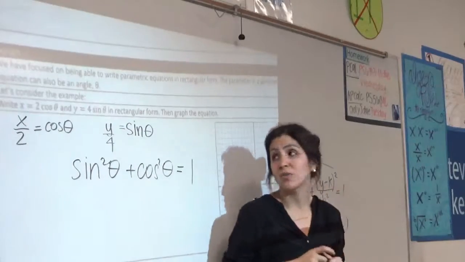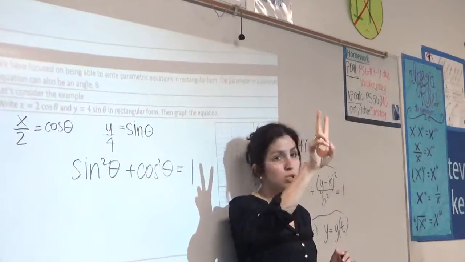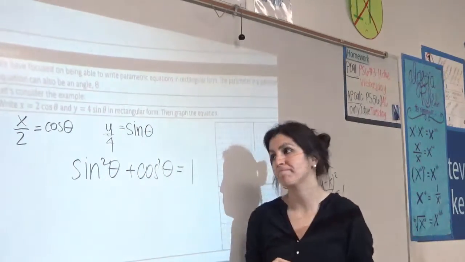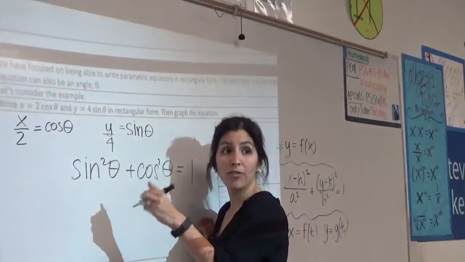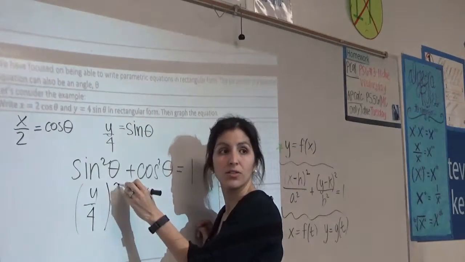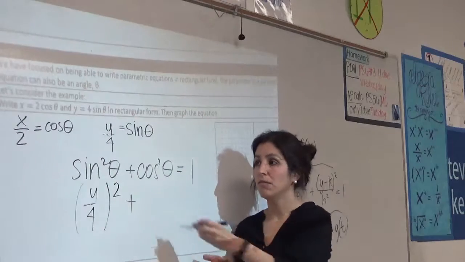So guess what I'm going to do? Substitution, just like before, but this time I'll substitute twice, once for sine and once for cosine. Sine is equal to y over 4. So I'm going to take y over 4 and square that. I'm also going to substitute in for cosine.